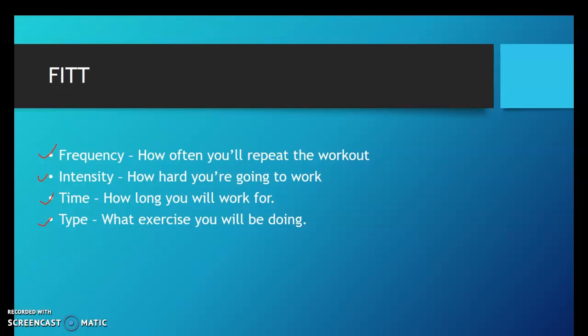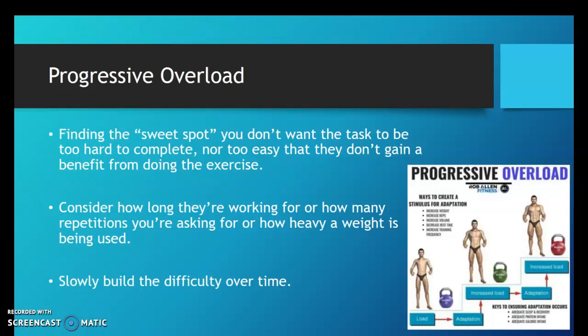But then there's some other principles that we want to take into account as well. For example, progressive overload. So when we do a workout where we want to try and really get the best out of it, we're trying to find the sweet spot. So you don't want the task to be too hard to complete, because you or the client, whoever's doing the workout, is not going to enjoy it and probably not going to have another go at it.